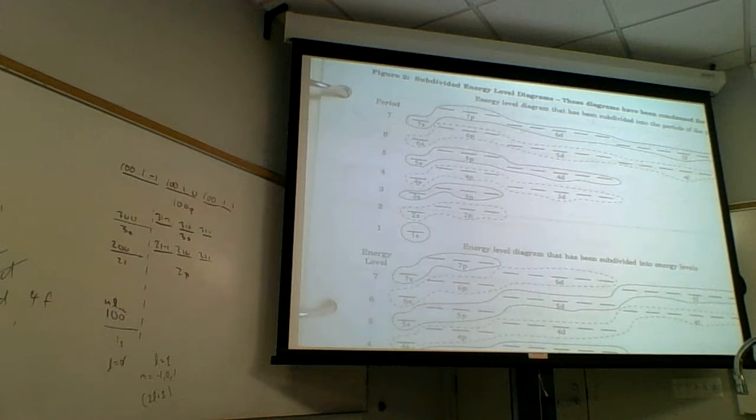And so the first shell is here. The first shell only has one orbital. In the first shell, there's one subshell, which is n equals 1 or 1s subshell. In the second shell, there are two subshells: the S subshell and the P subshell.